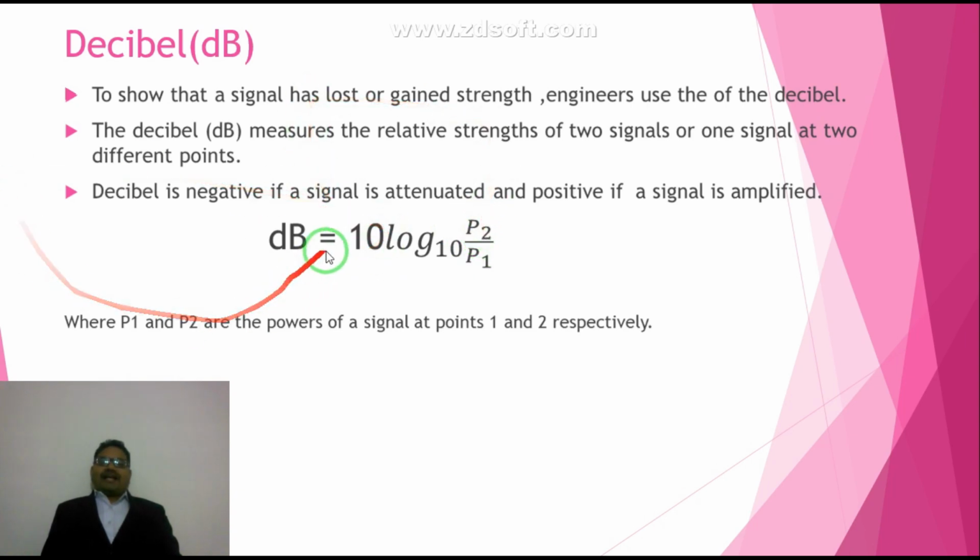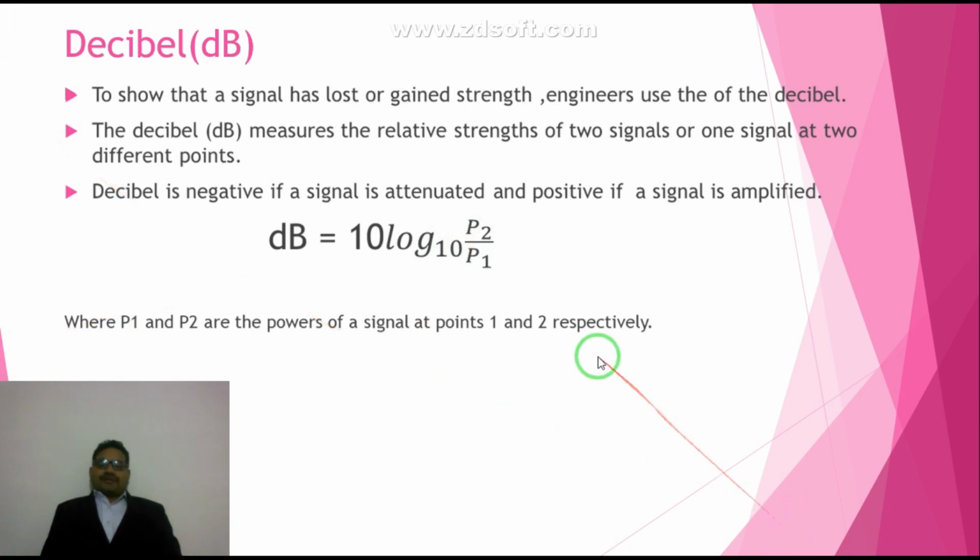So we can write dB is equal to 20 log of V2 by V1 to the base 10, because power is nothing but the square of voltage. But here we have expressed it in terms of power only, so the formula is 10 log of P2 by P1.